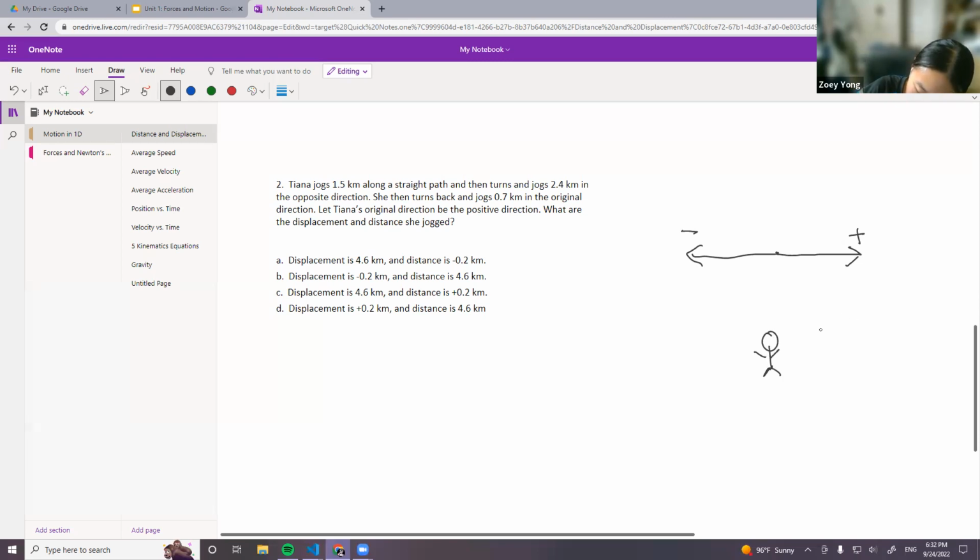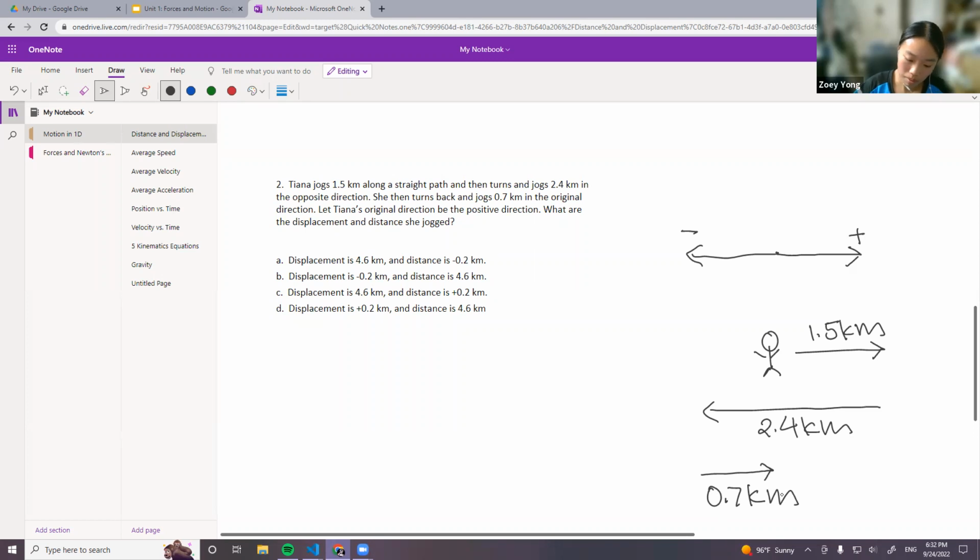She jogs 1.5 kilometers in one direction at first, then she jogs in the opposite direction 2.4 kilometers, and then she turns back again and jogs 0.7 kilometers. So yeah, find delta x, so displacement, and total distance traveled.